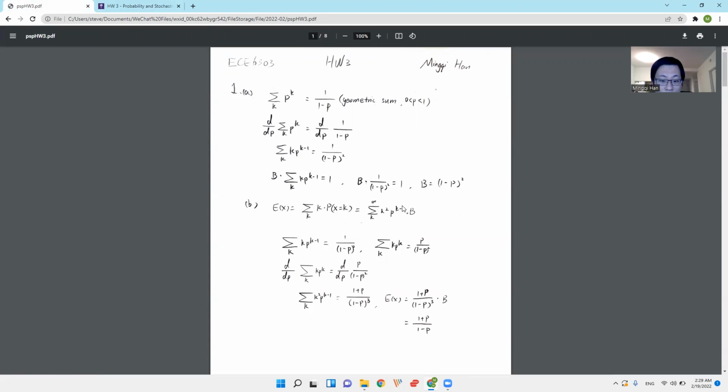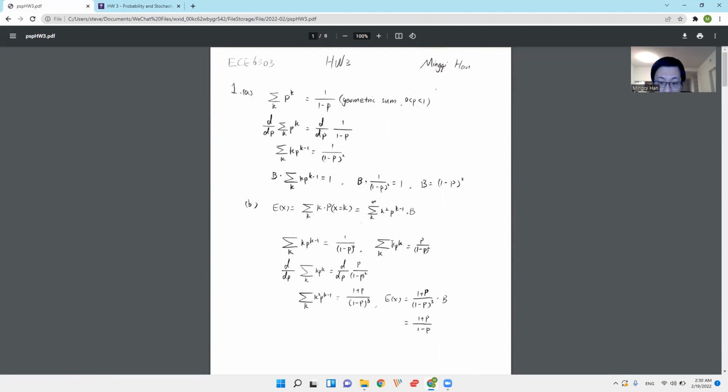But knowing that we have this part, because this is k minus 1, if we factor a p outside, it gets the summation of k times p to the k, which is this part, with the p on the other side too.